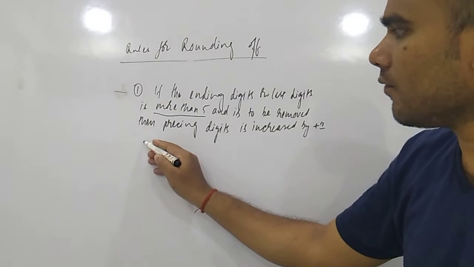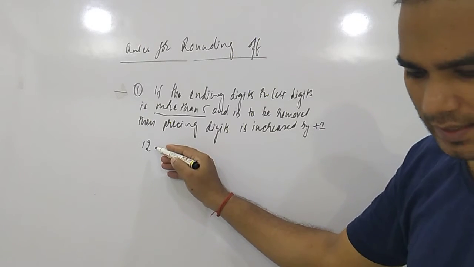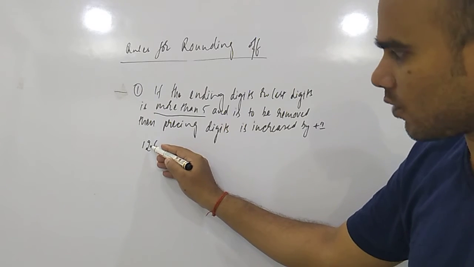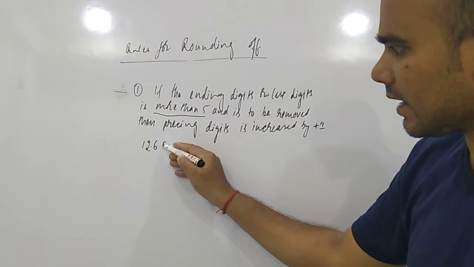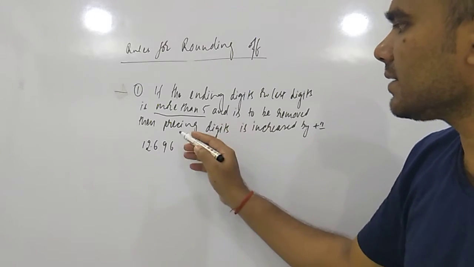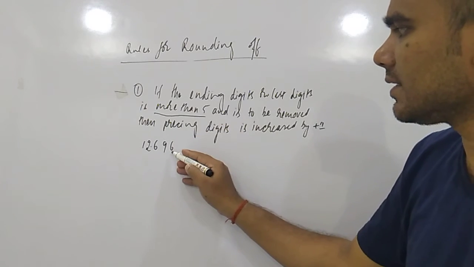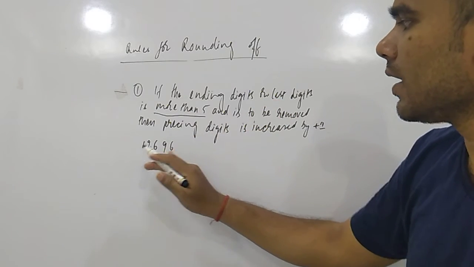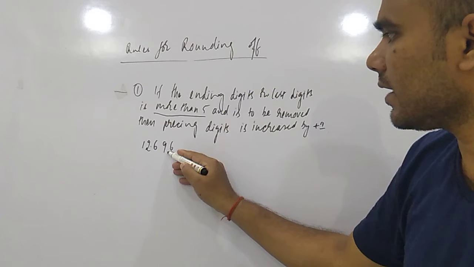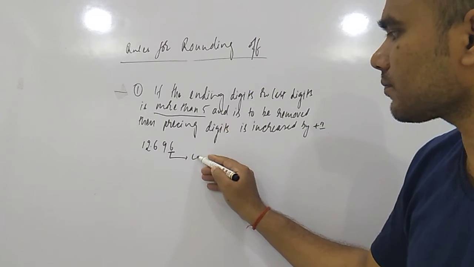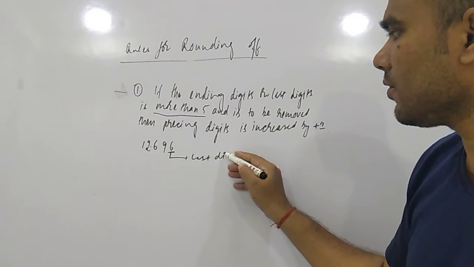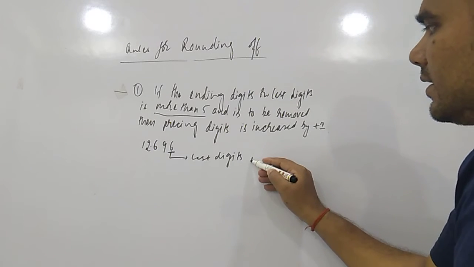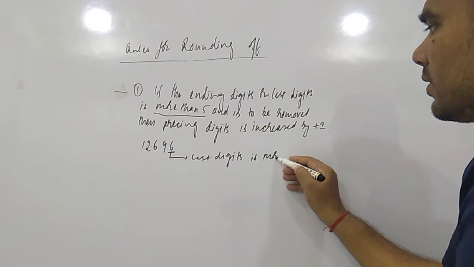Here we have 12.69. The last digit is 9 and we have to remove this digit. According to the rules we can remove any digit, but here we are considering this as the last digit, and it is more than 5.